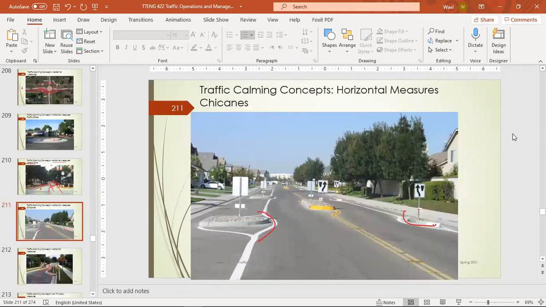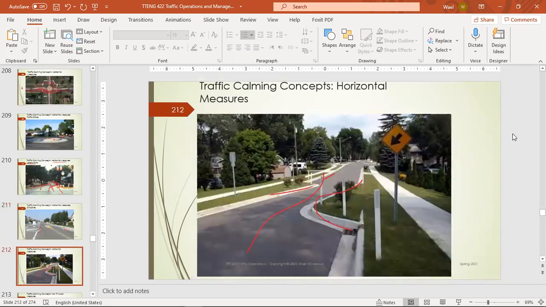There are the chicanes, which are basically small lumps in the lanes, and these force drivers to slow down, or they claim that they force drivers to slow down. This is another example for chicanes that we had before.